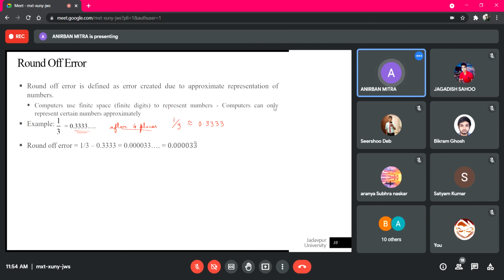But I have represented it approximately as this. So what is the amount of error? Obviously 1 by 3 minus 0.3333. And that is the round-off error that is created due to this approximate representation. This is the value of the round-off error that is present.